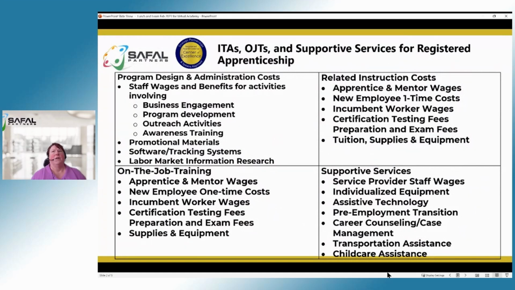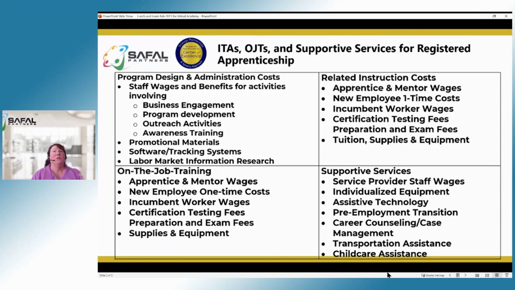First of all, I don't know if you guys realize this, but the WIOA funds, Workforce Innovation and Opportunity Act, can actually pay for all of these things. So, when we're talking about program design and administrative costs, and you're looking at things like how do I do outreach to get apprentices into this program, this is how you do it.